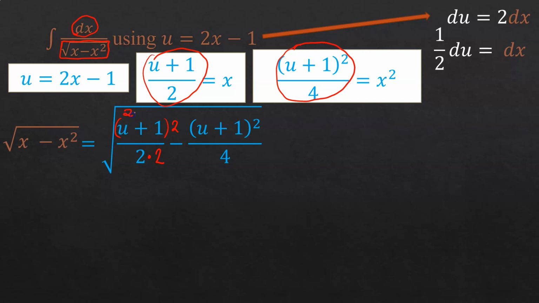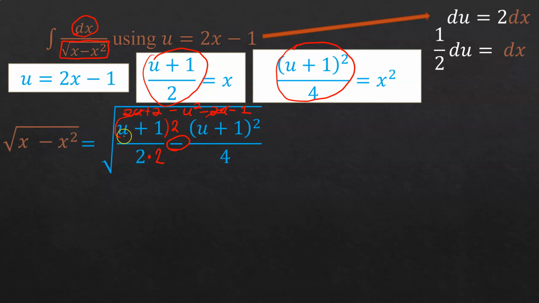Distribute the 2, I will have 2u minus 2. And then I am going to distribute out the u plus 1 squared and the minus in the front. That would be minus u squared minus 2u minus 1. Okay, and we can see that 2u minus 2u is gone.